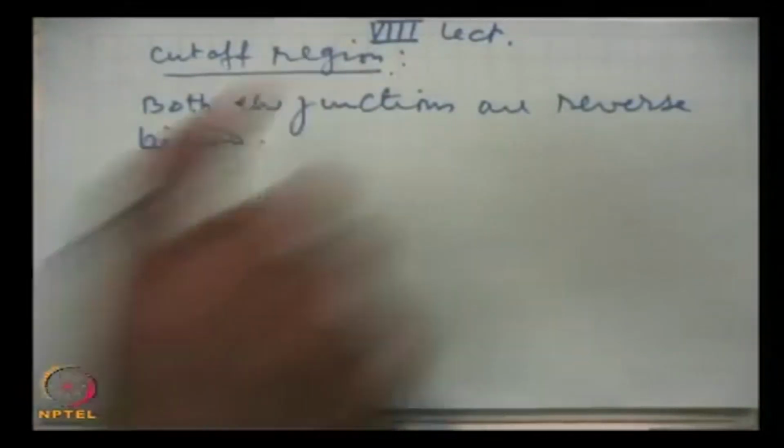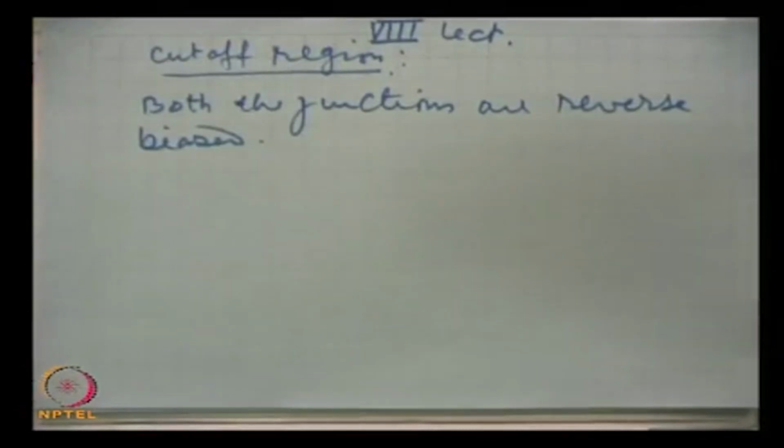This region is called the cutoff region, where both the junctions are reverse biased. The saturation region and cutoff region represent two quite different states, and they are very useful for digital circuits in which the transistor is used as a switch.